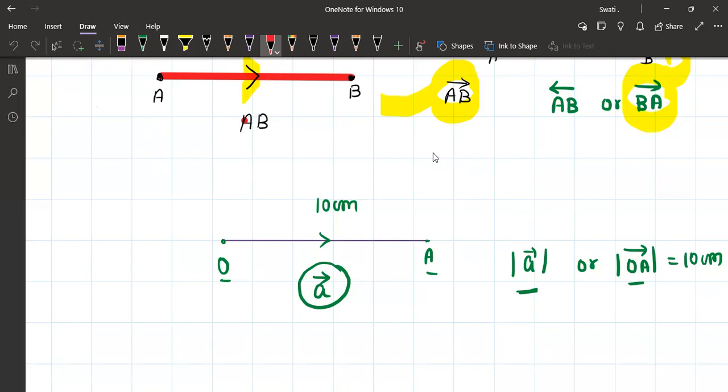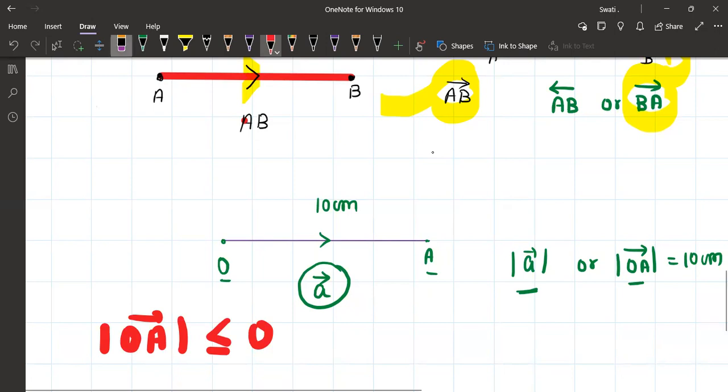So therefore, we can also say that the magnitude of the vector, for example OA, has to be greater than, or it can be equal to 0 as well. Because if it is equal to 0, it basically has a name. It is called something that I will explain when I talk about the types of vectors. In this case it has to be greater than 0 only because it is 10 centimeter. Remember, length cannot be negative.